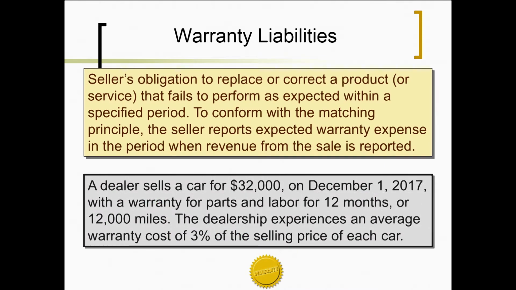Let's say that we're a dealer and we sell a car for $32,000 on December 1 of 2017. Now we have a warranty for parts and labor for 12 months or 12,000 miles. Now our experience shows an average warranty cost of 3% of the selling price of each car. That's not much different than the percent of credit sales we don't think we're going to receive. This is just from our past history, correct?